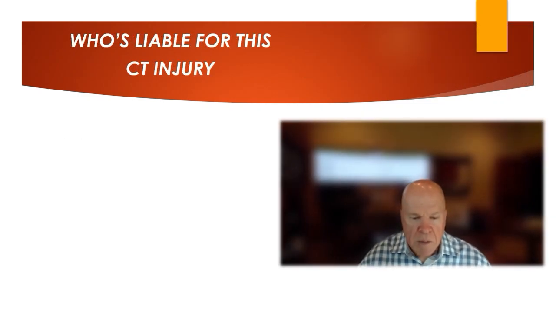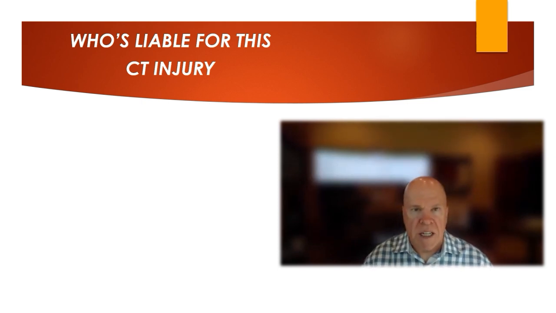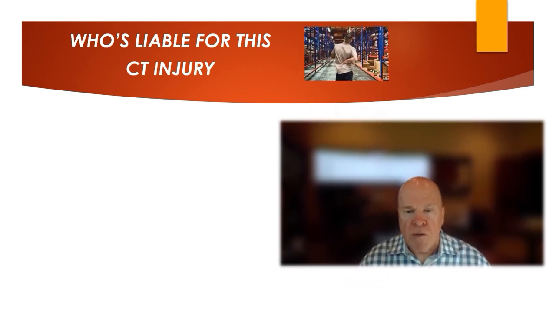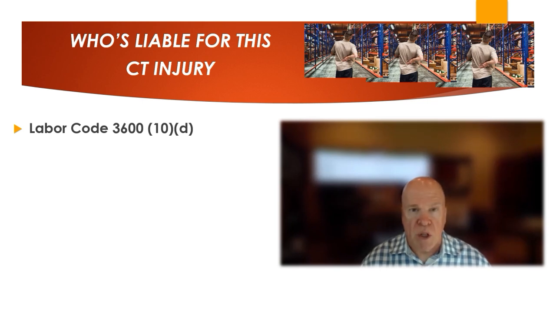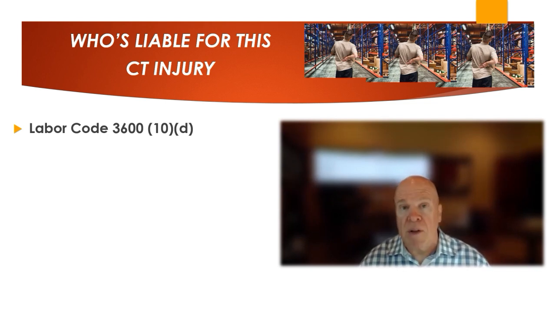Okay, so let's begin and let's remind ourselves of some important principles that are operative in these post-employment cumulative trauma injury claims. So first of all, remember Labor Code Section 3600 is described as the conditions of compensation liability. And then subsections 4 through 10 of Labor Code Section 3600 constitute what are known as the affirmative defenses. And affirmative defense number 10 has to deal with post-termination filing of claims.